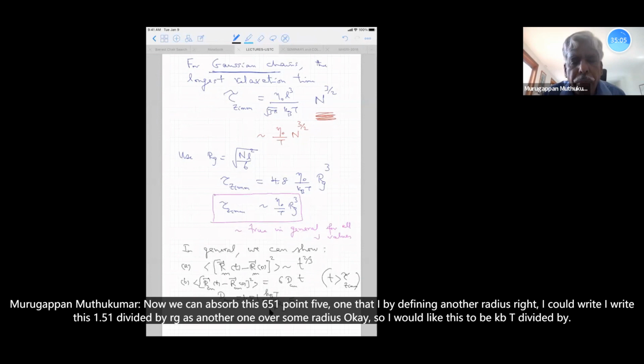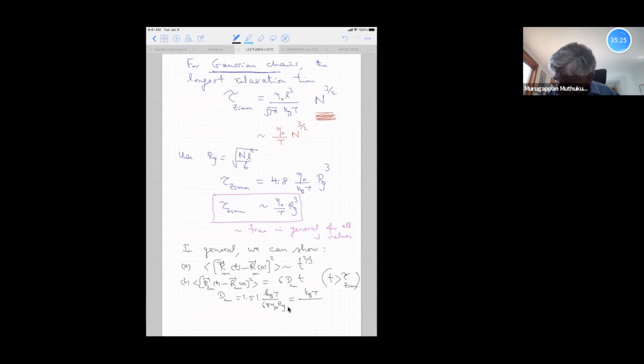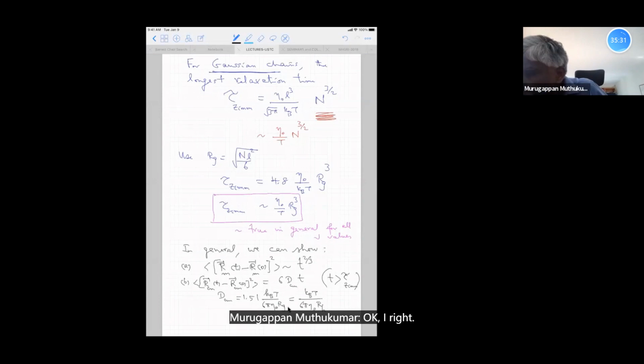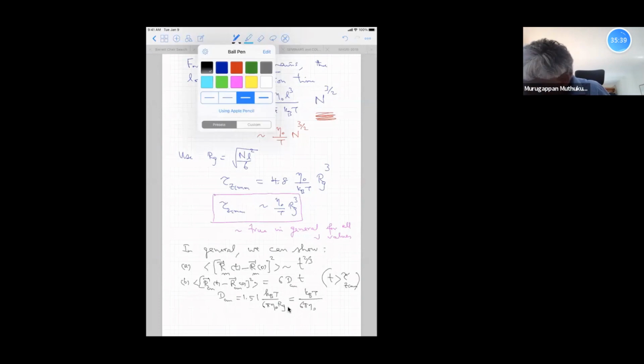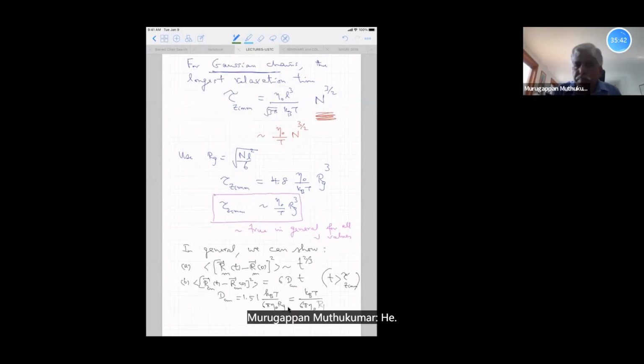Now, we can observe this is 6 pi and 1.51, right? By defining another radius, I can write this 1.51 divided by Rg as another 1 over some radius. So I will write this as kBT divided by 6 pi eta naught RH. This is called the hydrodynamic radius.